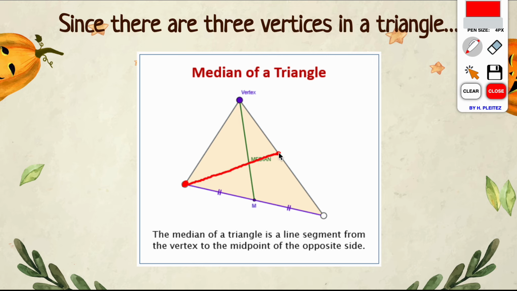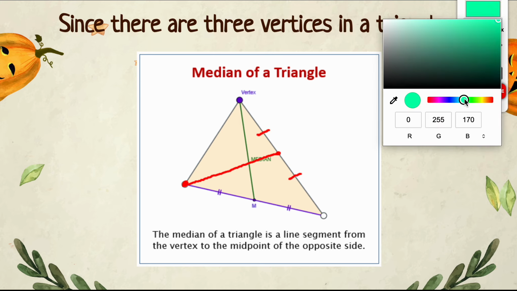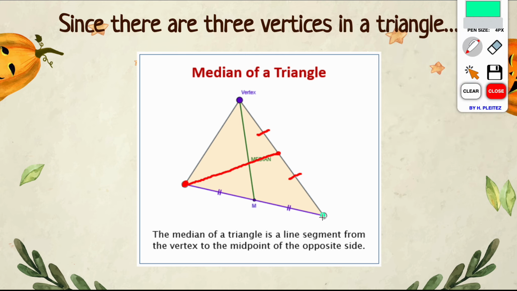And again, if this is the midpoint, I know that this segment and this segment would be congruent. Then in another color, we could do it in green, we would also have to go from this vertex down to the opposite side. Again, this would be my midpoint, so I would be able to conclude that those 2 segments are congruent. Make sure we're differentiating our segments. Notice that I have pairs of 1 tick mark, 2 tick marks, and 3 tick marks. We have to differentiate there.